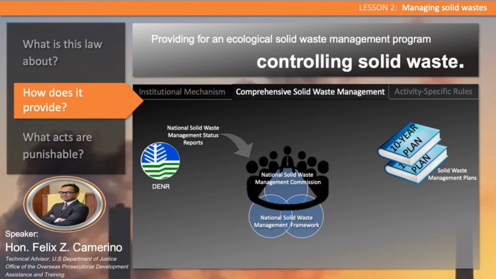Okay. So having said that, naturally that of course means that framework is something that is made available to the people that would be creating these plans, and these people that I'm referring to are the waste management boards. Okay, the waste management boards of the province, the city, or municipality. Okay, generally the composition, we've said this earlier, there are members of the local government unit, but there are other participants also.